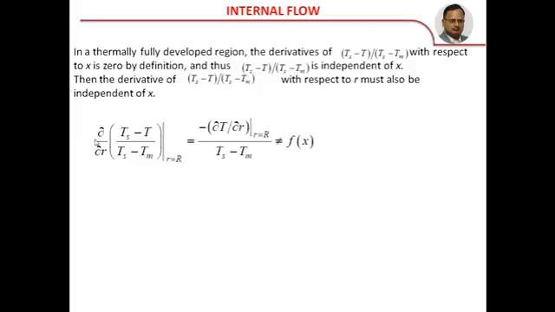Thus this ratio is independent of x. Then the derivative of this with respect to r must be independent of x. That is expressed like this.